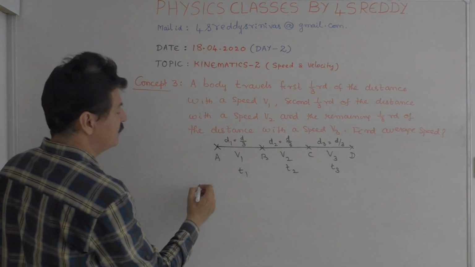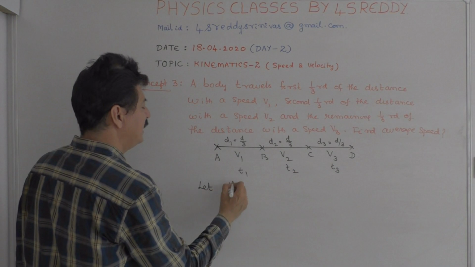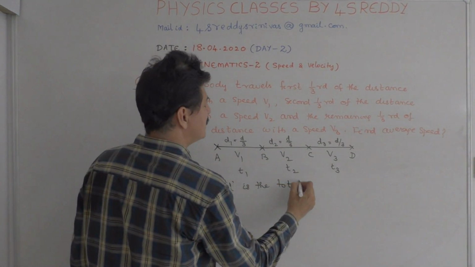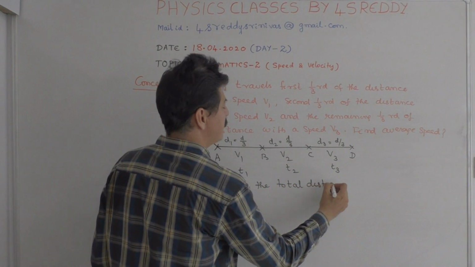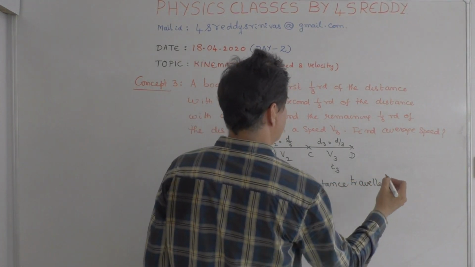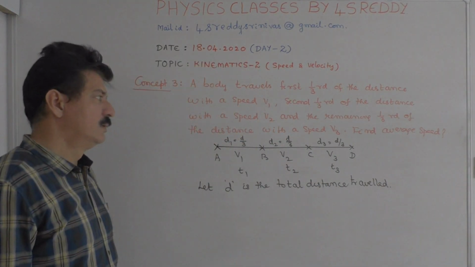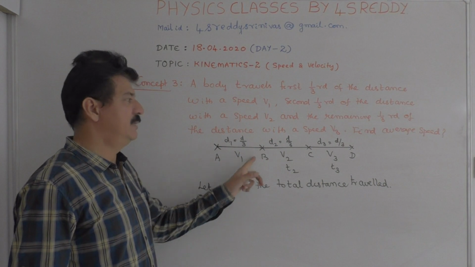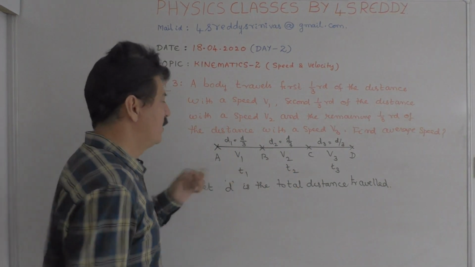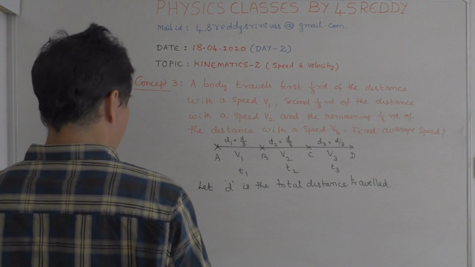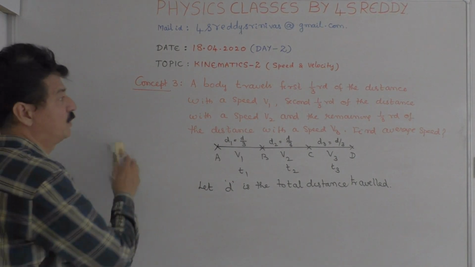First what you have to assume is let small d be the total distance traveled. Then if the total distance is d, each part is d by 3. Then what is the total time of the journey? Is it clear to this point?